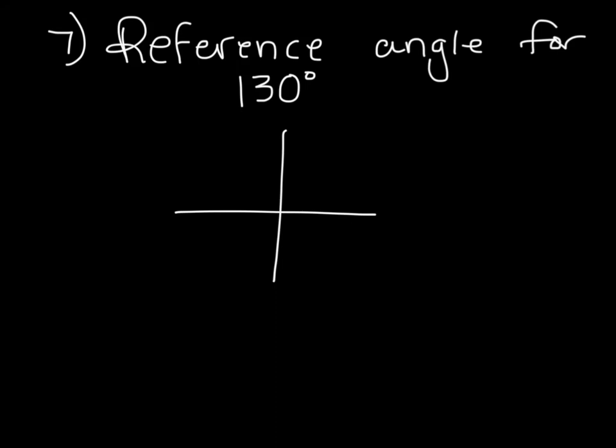Number 7 wanted the reference angle for 130 degrees. So where's 130? It's about right here. Reference angles are like, what would it be if it was in the first quadrant? So if you imagine we fold along the y-axis and flipped it across, we're basically trying to figure out what this angle is but in the first quadrant. We can do that by figuring out the distance between the angle and the x-axis, because from here to here is the same as it would be from here to here.